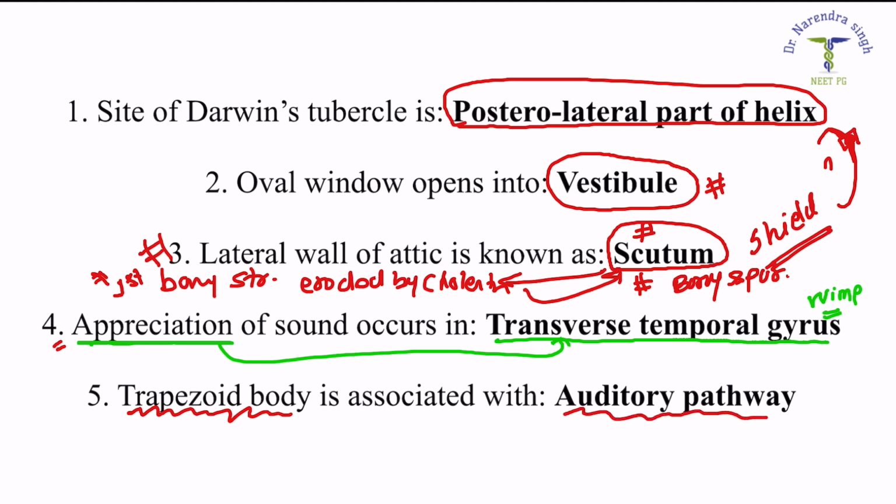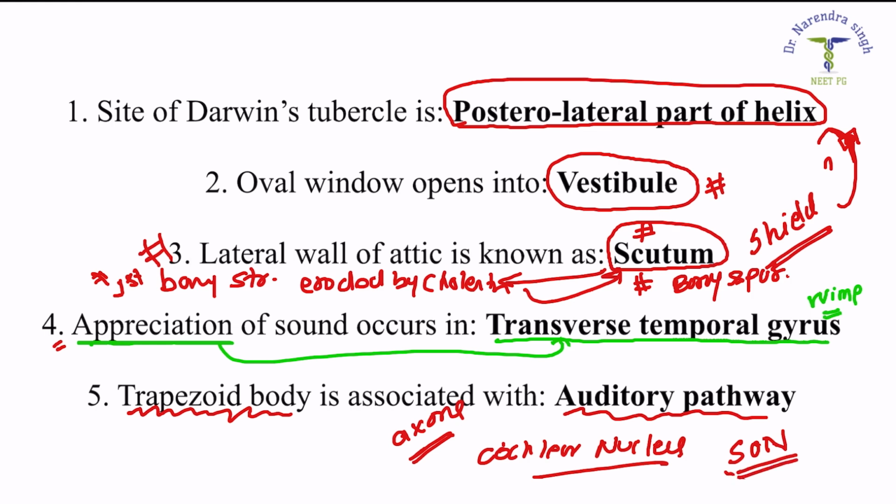So how is trapezoid body associated with auditory pathway? Trapezoid body is that part of the auditory pathway where some of the axons which are coming from the cochlear nucleus decussate to the other side, before they travel to the superior olivary nucleus.